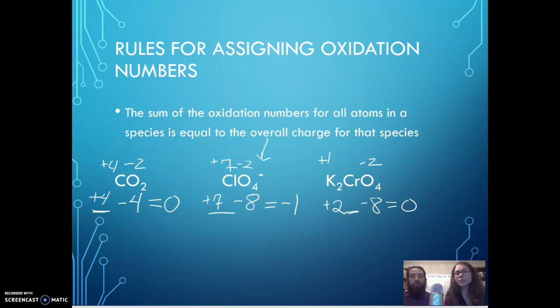So +2 plus something -8 equals 0. So this is a -6, so this must be a +6. Then you have to go back up and say, how many chromiums do I have? And they are the total of 6, so there's only 1 of them, so it's a +6. Okay, so the oxidation numbers in this case: potassium +1, chromium +6, and oxygen -2. You got it.